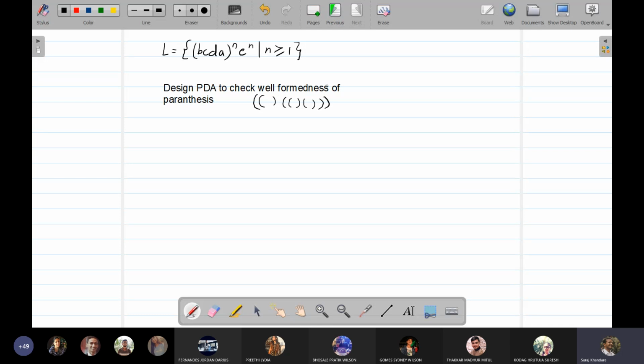Can anyone tell me what logic can you use here? Yes. For every opening bracket we push X, and for every closing bracket we pop it.